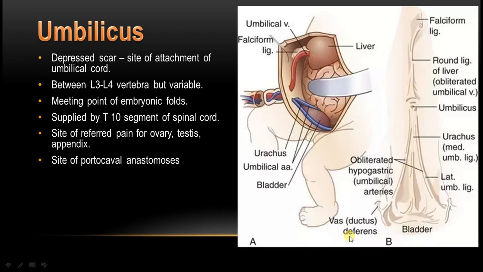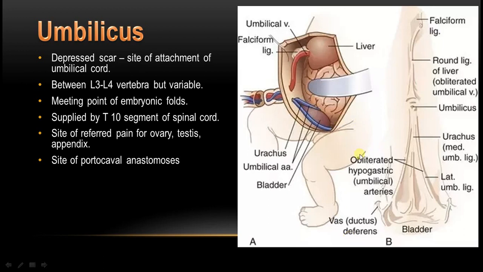So any pain originating from the testis or the ovary is also referred to the umbilicus, because T10 innervates the skin of the umbilicus, and sympathetics from T10 supply the testis in males and the ovary in females.